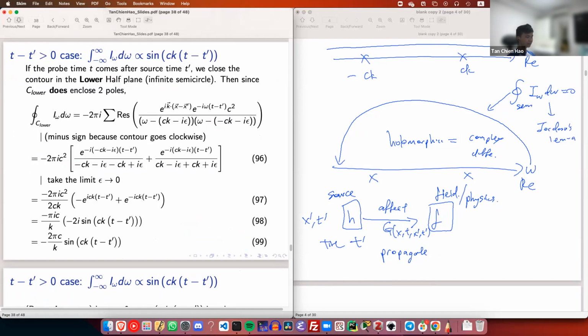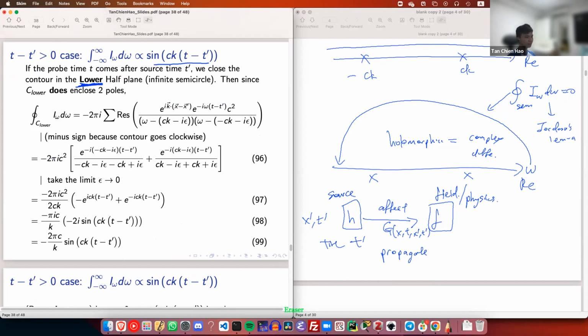What about the other case? If t is greater than t prime, then it turns out that the integral for omega is proportional to this. And that means we need to complete the contour via the lower half plane.